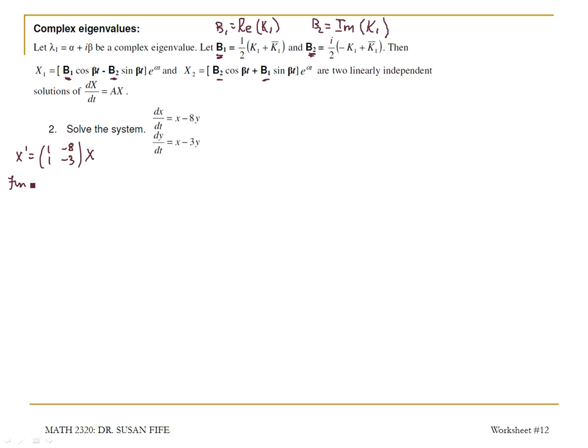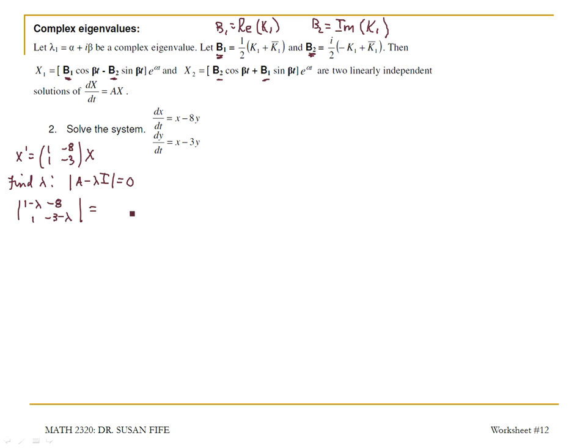So to find lambda, I'm going to solve the determinant of A minus lambda I is equal to 0. And A minus lambda I gives me 1 minus lambda, and -8 in the first row and then 1 and negative 3 minus lambda in the second row.